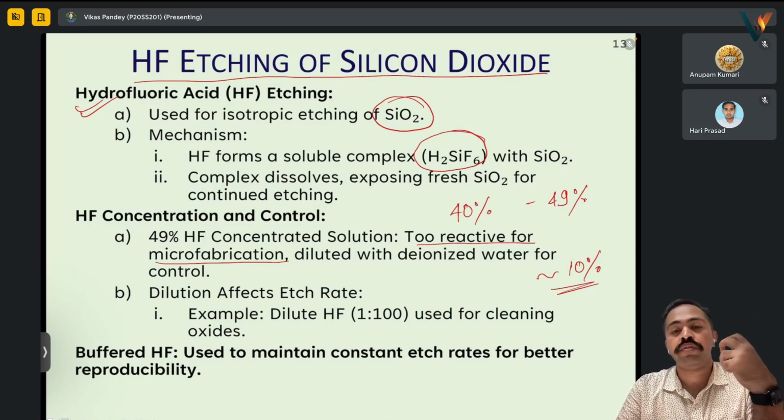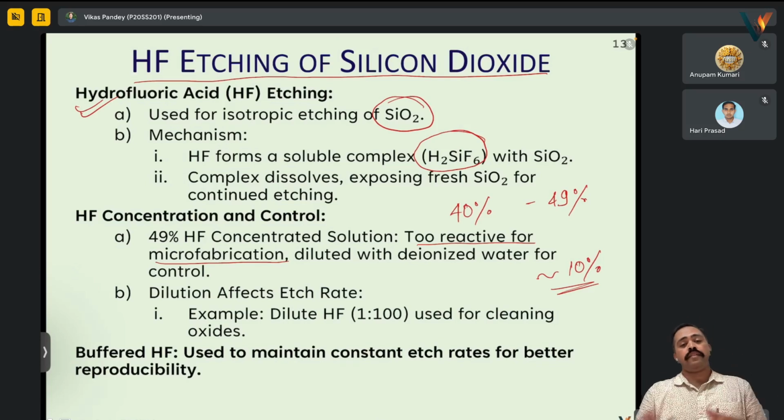We don't use city water or tap water to dilute it. It is diluted using deionized water. The dilution will affect our rate of etching.